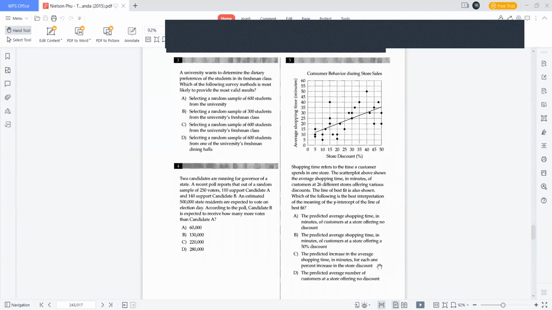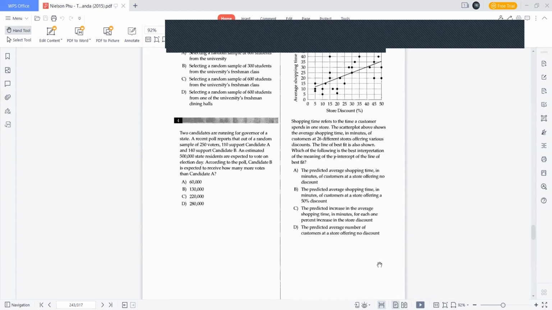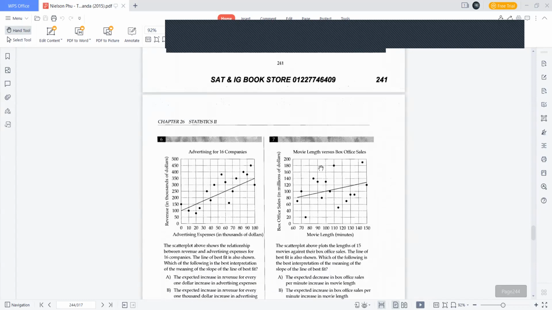I can't hear what you're saying. I'm thinking it's the slope. Yes, it's a slope, or gradient, whichever. That's what that is, not the y-intercept. D, the predicted average number of customers at stores with no discount? No, it said nothing about number.